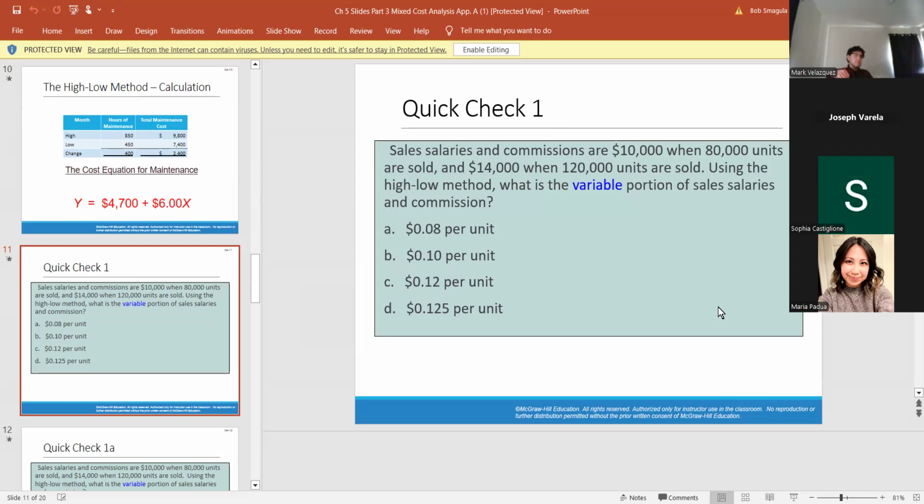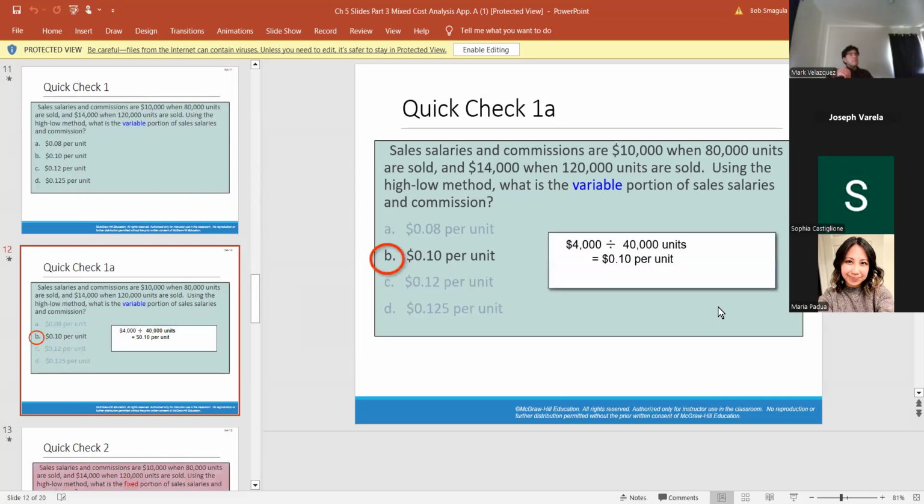I say the answer is 0.10. It's that easy. 14,000 was the high, 10,000 was the low, that's 4,000. 120,000 units was the high, 80,000 the low, that's 40,000. Here it is: 4,000 divided by 40,000 is 10 cents per unit.